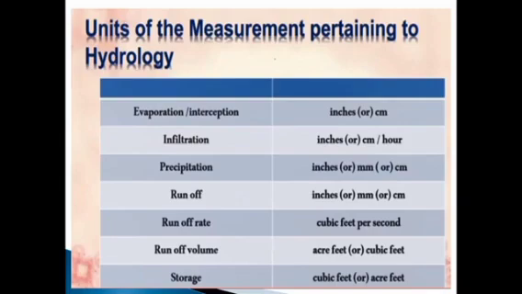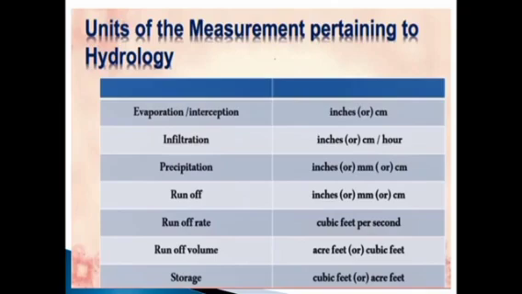Next we have precipitation. It is expressed as inches or millimeters or centimeters, then runoff. It is expressed as inches or millimeters or centimeters, then runoff rate. It is expressed as cubic feet per second, then runoff volume, acre feet or cubic feet.